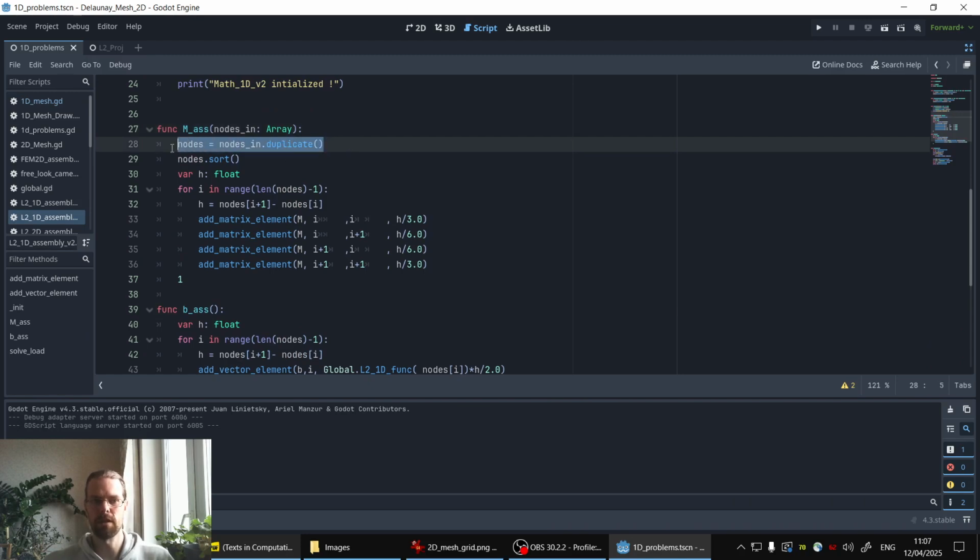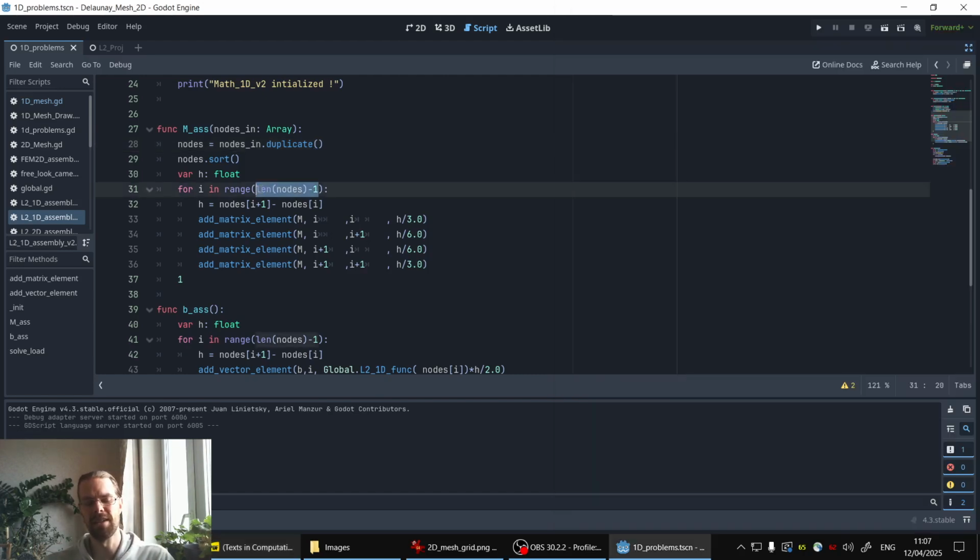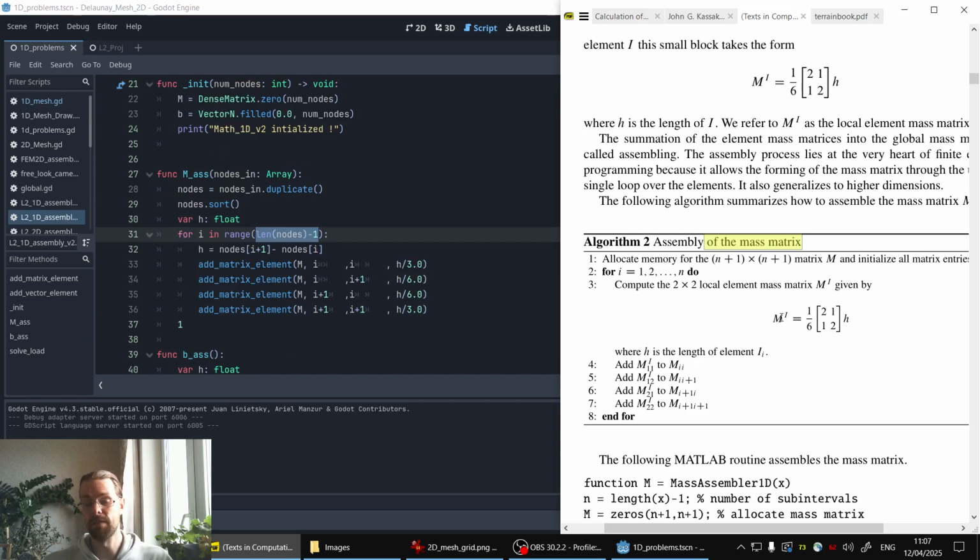I send these nodes, I sort them, and then I go through them in order, because neighboring elements are also in order. It is just so simple, right? I go through n-1 elements, and then I add particular values to this matrix.